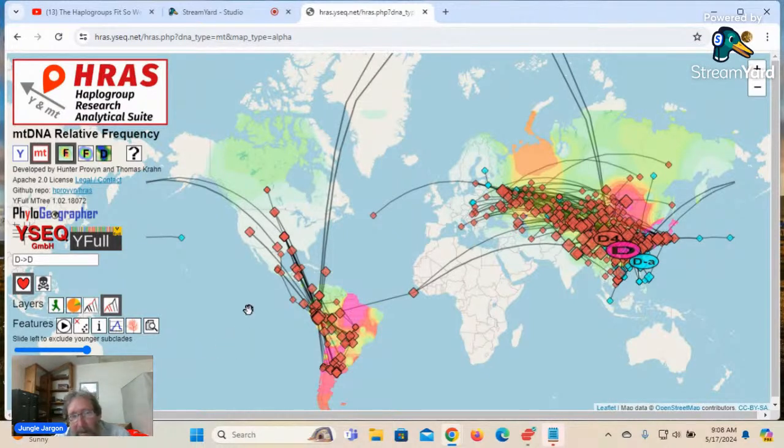The B one, I have to see if I can find a B lineage from somewhere else, because the B is not on here. But the C and the D are both Eurasian, and they follow the same exact route, and have this exact same spread in America as everything else, as the other ones, which is really, really impressive to me.